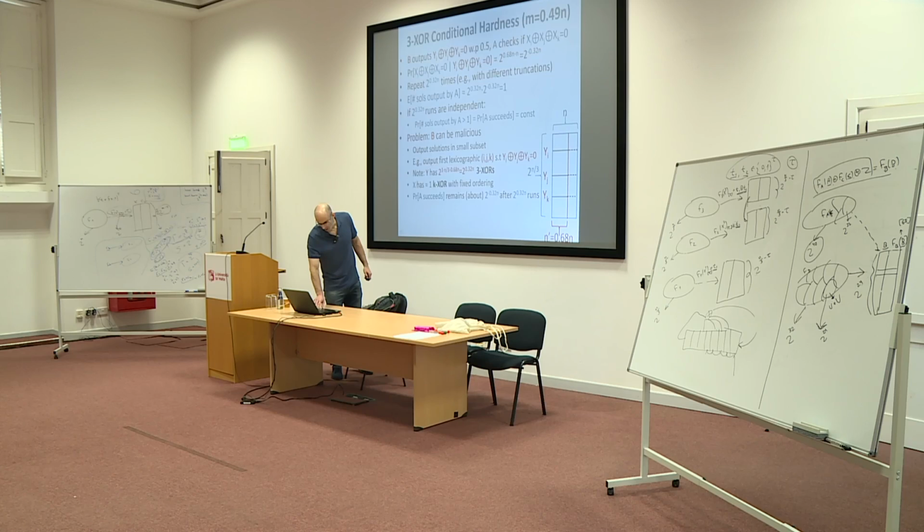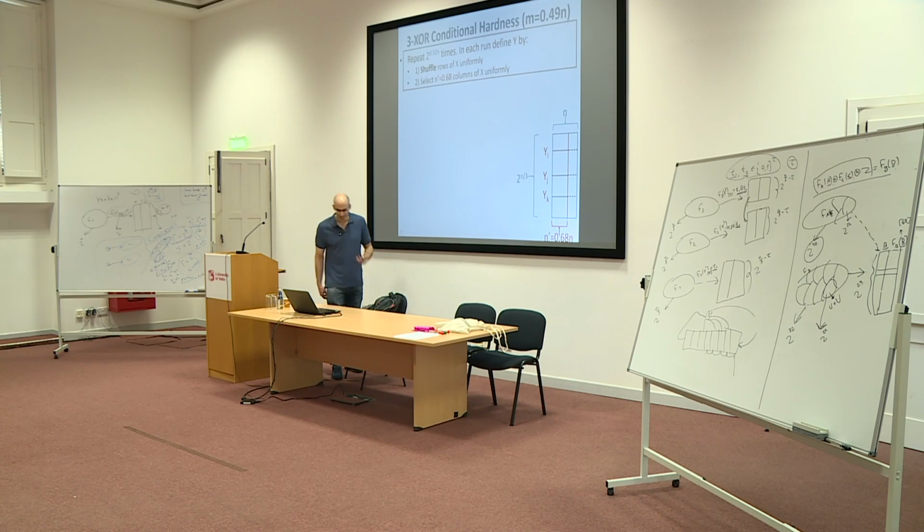Okay, so I have here another example which shows that even if you shuffle the rows randomly and truncate randomly the columns, it's not good enough. B can still correlate its answers.